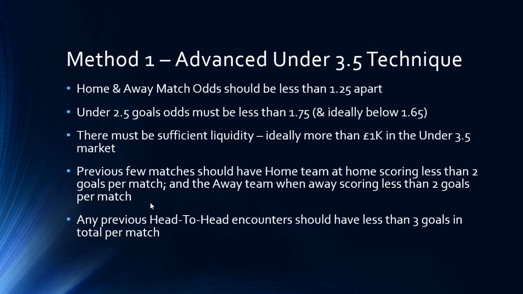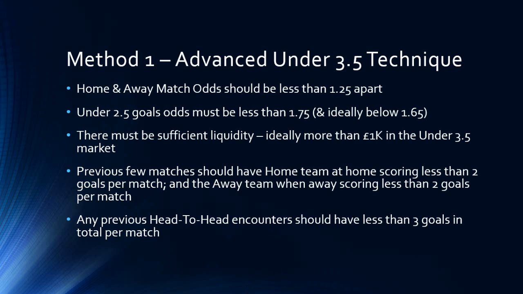The lower the better. Once again, this is just confirming that we are looking for matches that have as few goals being scored as possible. And any previous head-to-head encounters that are fairly recent should have less than 3 goals in total per match.